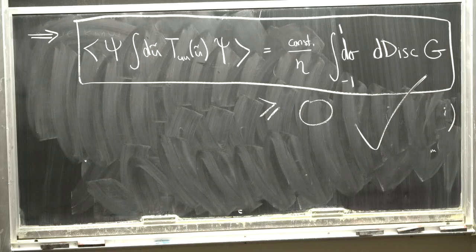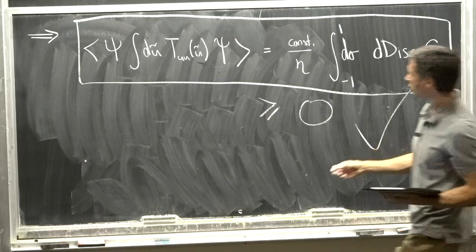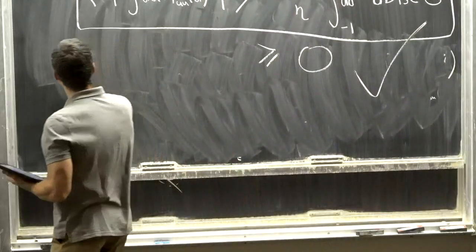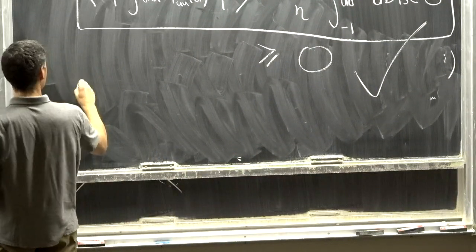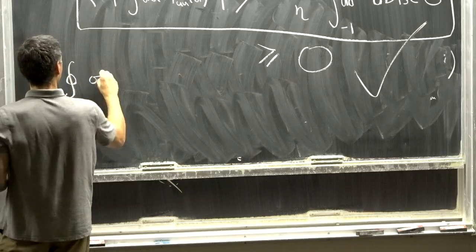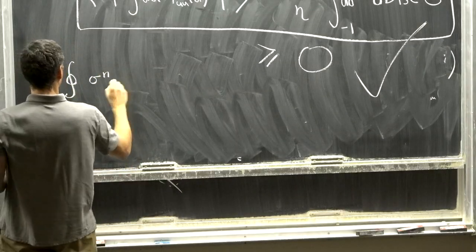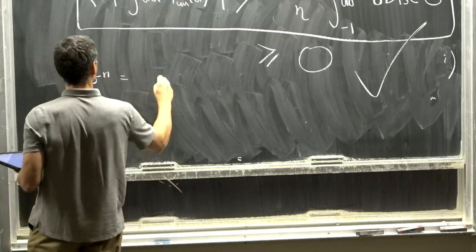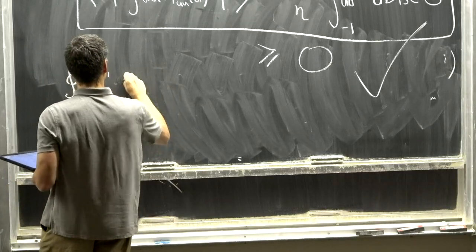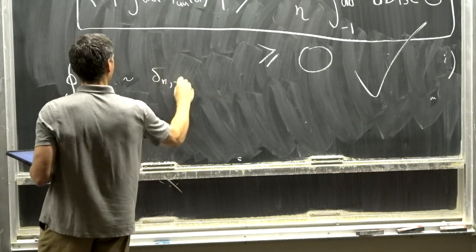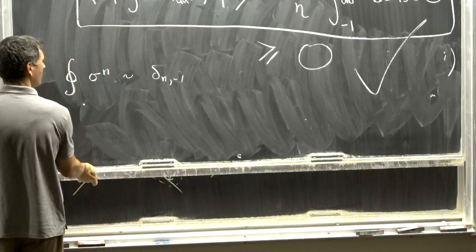Okay, that's a question. Yes, could you repeat how you get the residues, you don't know what's happening in the upper half plane? That's just the identity. So, okay, the identity that we're used to is... okay, that's the identity that we're used to.